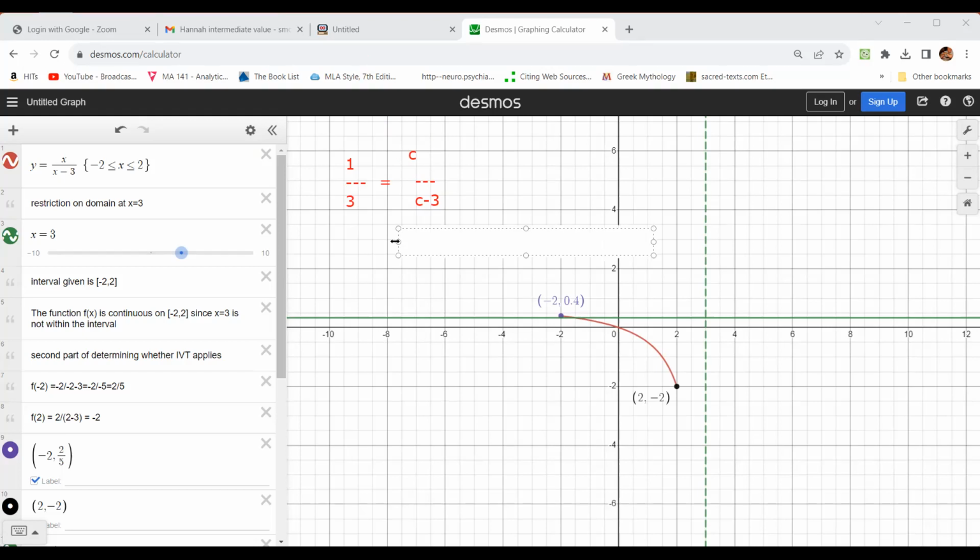This is f of c. This is what you get when you plug c into that function up here. You plug c into this, you get f of c. And f of c is supposed to equal 1/3, right?